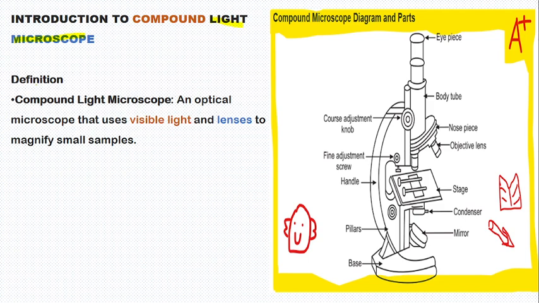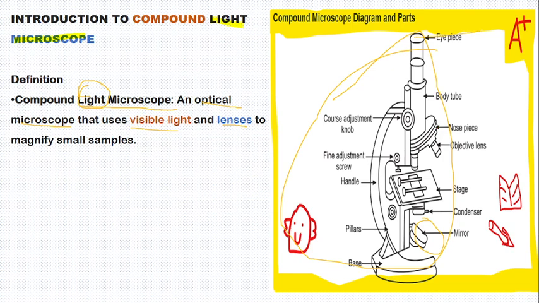By definition, light microscopy or compound light microscopy is microscopy that uses light to see the object. It is an optical microscope that uses visible light and lenses, as I told you, for magnifying small objects. What you are looking at here is a light microscope. It uses light from the mirror, and it uses lenses.